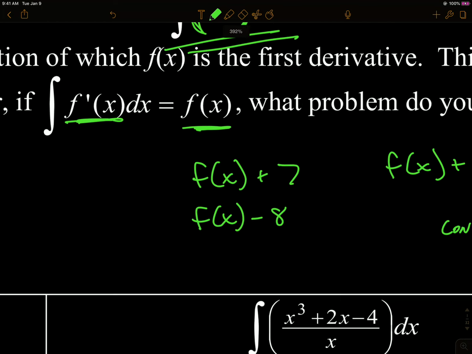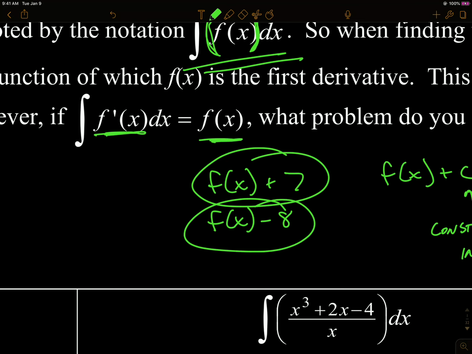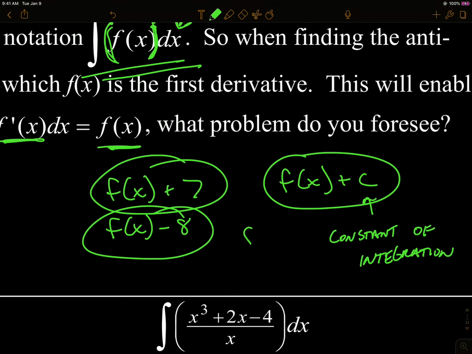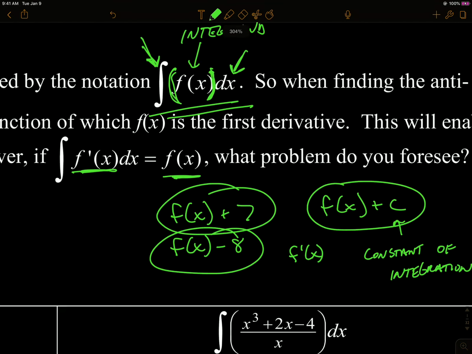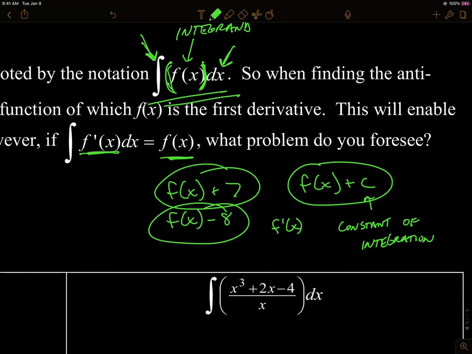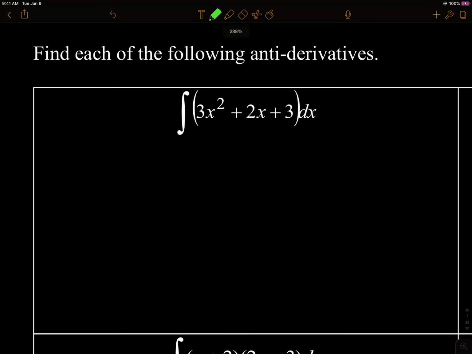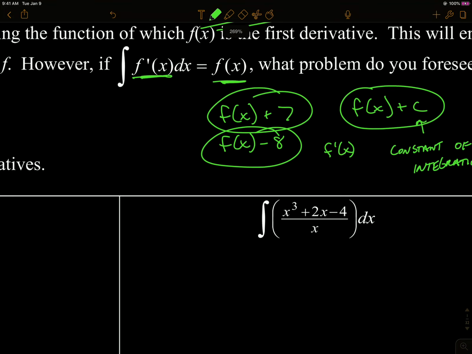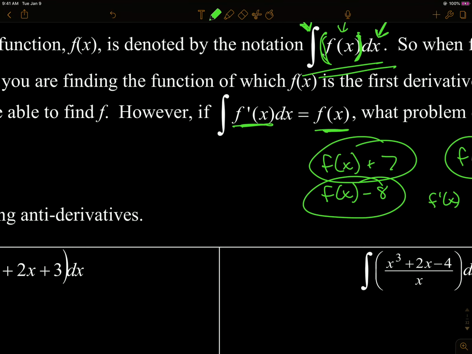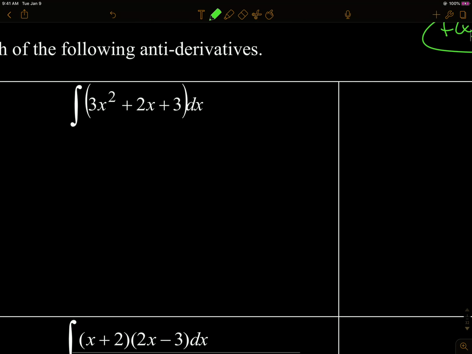Do you agree that all of these functions have the same derivative, f prime of x? So the integral of f prime of x could have been any one of these functions. So we have to keep track of it. We say that it's going to be plus c. So if I were to write this a little better to make a rule, the integral of f prime of x dx is equal to f of x plus c, meaning that could be any constant.